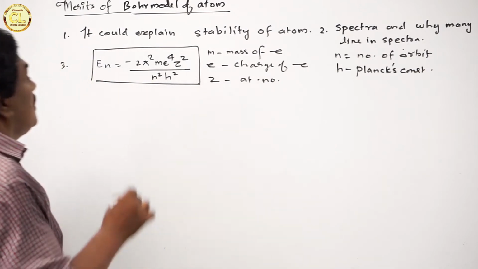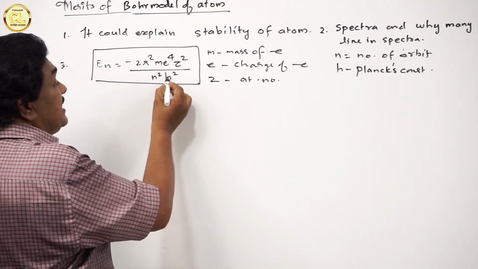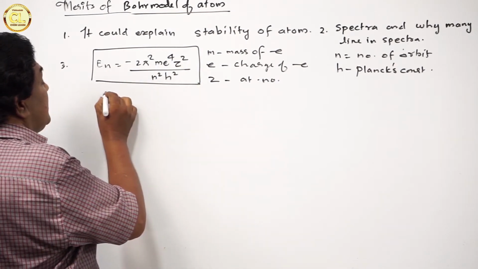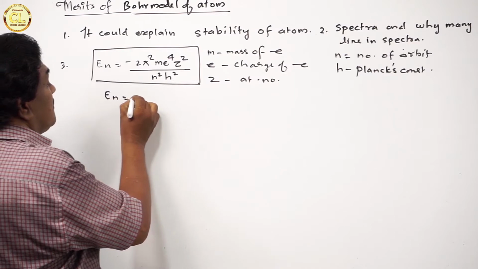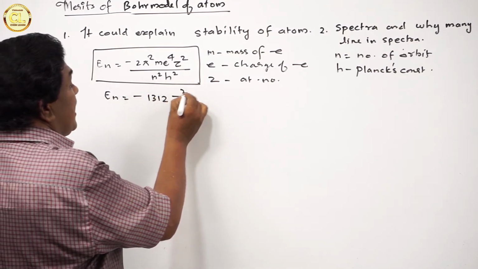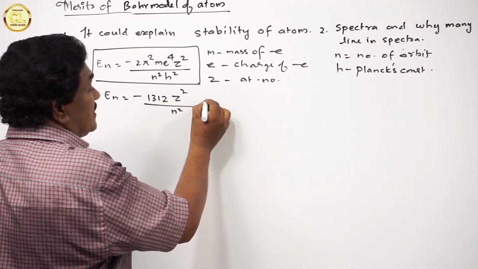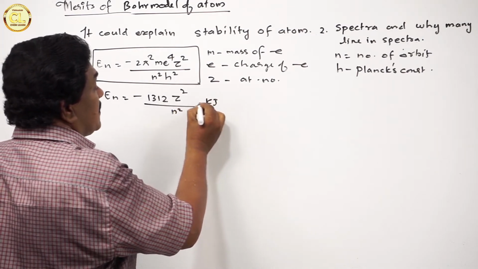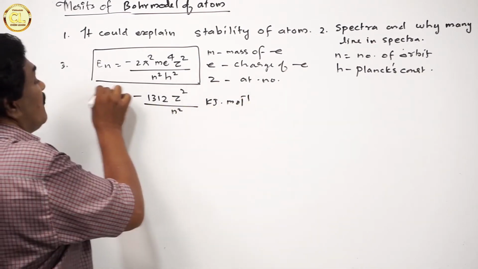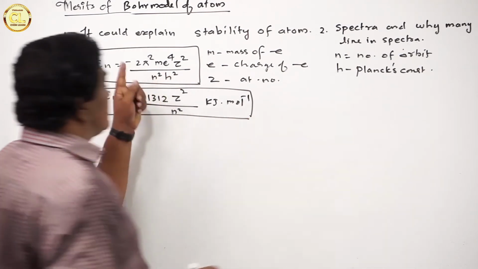See, when we substitute the values of 2, pi, m, e and h in this equation, we get En is equal to minus 1312 into Z square divided by n square kilojoules per mole. See, this is the energy value when we substitute the value of these constants.